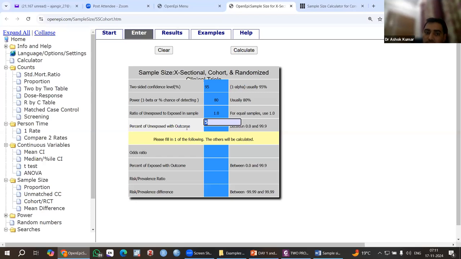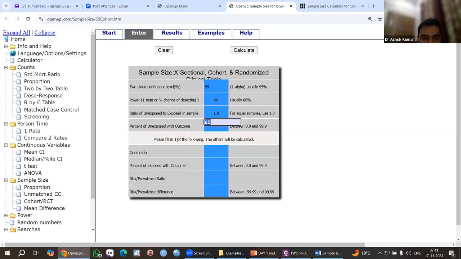It is 60%. Unexposed means control group. With outcome means the proportion or percentage of patients in the control group having more than 3 NRS. That is 60%, so we write 60 here.